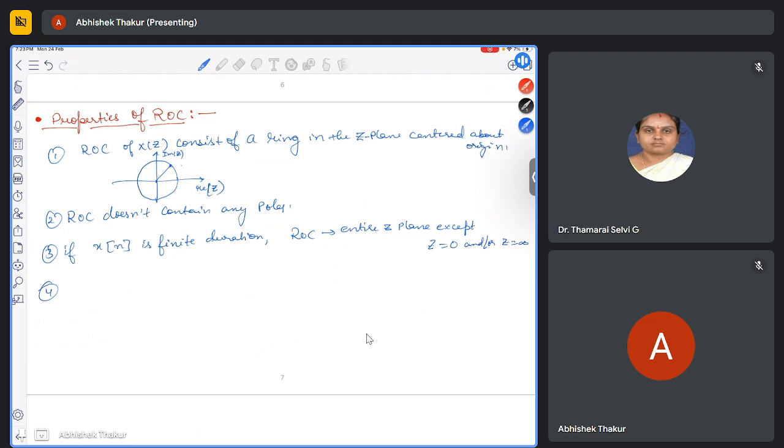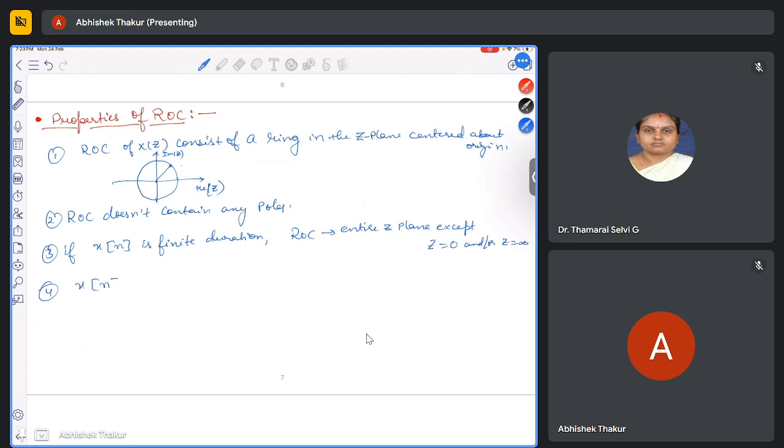Now, when x[n] is a left-sided sequence, then the ROC will be mod of z less than R naught, right?